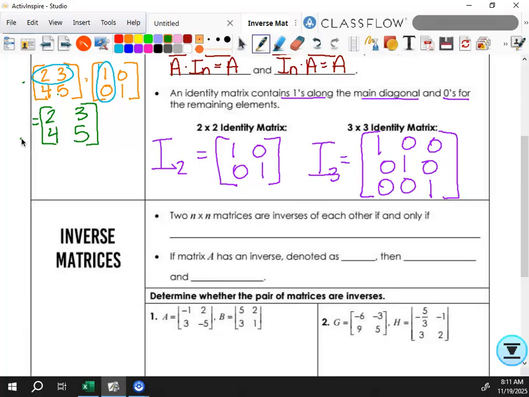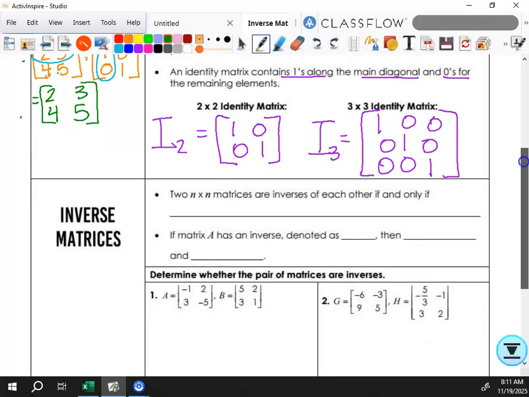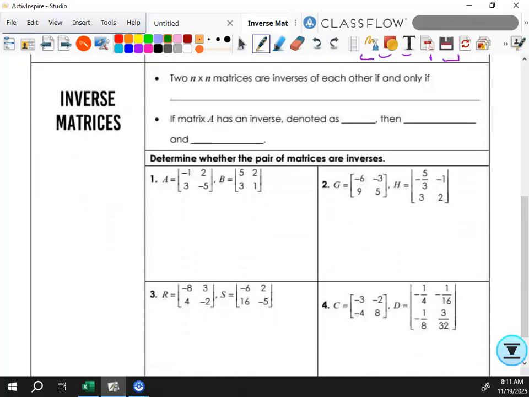All right, but it has other purposes besides just multiplying by 1. All right, let me make sure I get all these letters down right here. So if I have 2 n by n matrices, and they are inverses of each other, then A times B is equal to I, and B times A is equal to I. So in that case, if I multiply backwards, the only time it's going to be the same is if you actually get the inverse matrix, okay?